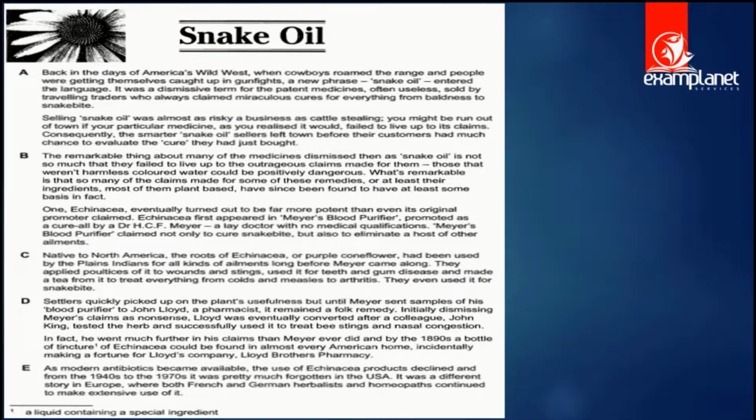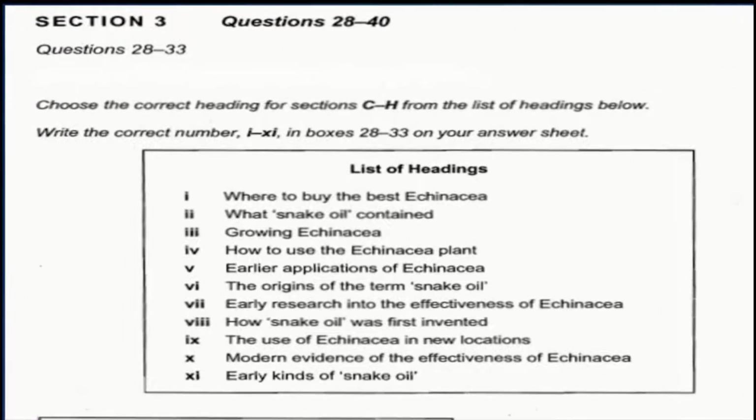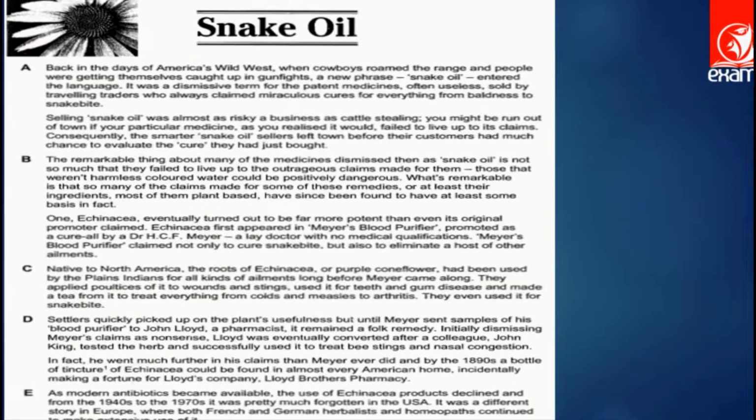So whatever answer we will get will be something about the use. If you go to the options, the only answer that matches is Roman figure 5, early applications of echinacea, because it had been used.